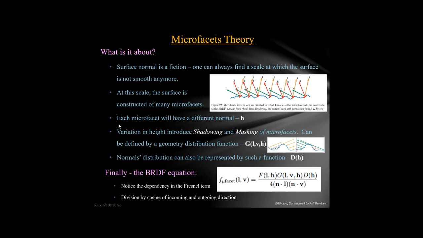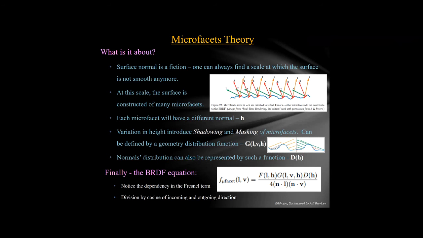We still have some missing points there. This is fine if the surface is totally flat, but since we now have microfacets, the surface is not flat anymore. That means that we have something which is called shadowing and masking. So a light on the way might be occluded by some of the subsurfaces along the way, and so it will not hit the point.